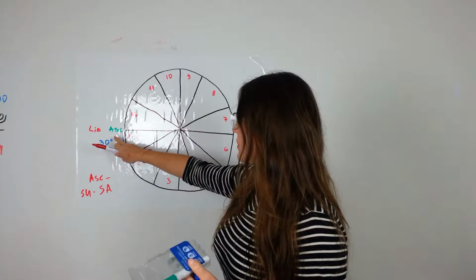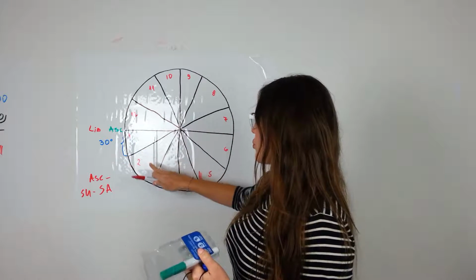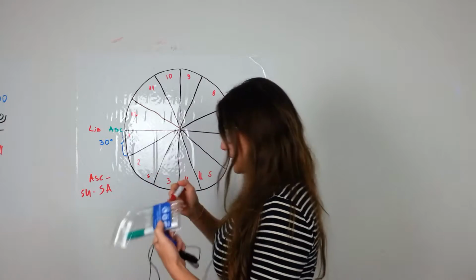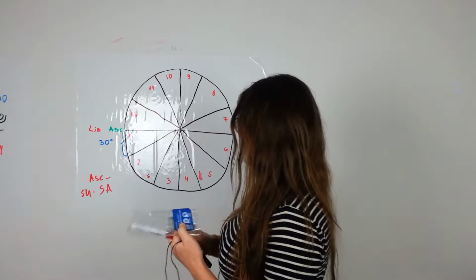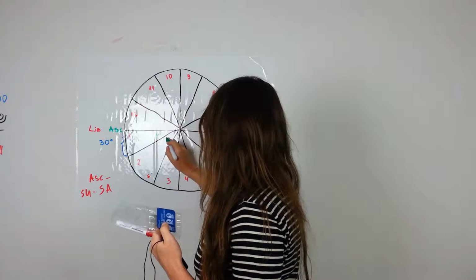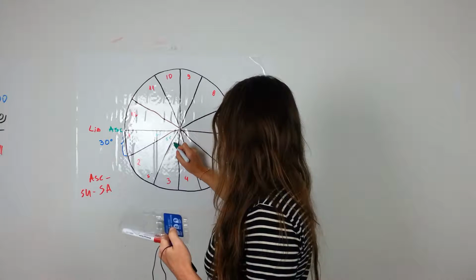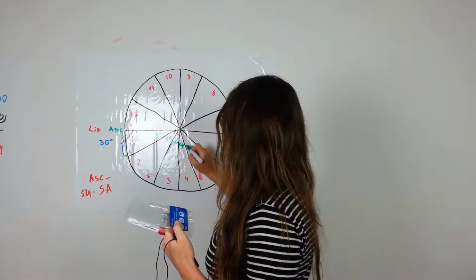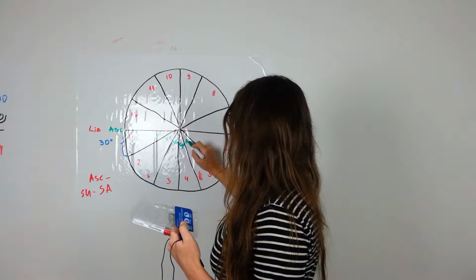So basically, if the first house is Libra, the second will be Scorpio. I think they indicated with small numbers here, with small letters. It will be something like that. Scorpio, Sag, Capricorn, Aqua.